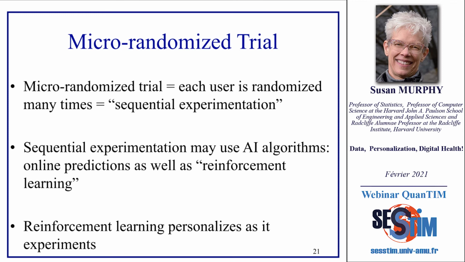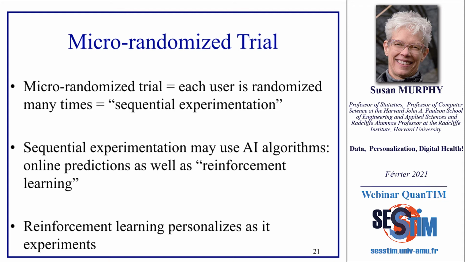So let's just revisit micro-randomized trials. Micro-randomized trials are trials in which each individual is randomized many times. In our case, at each of the 5 times per day, it's a sequential experimentation.